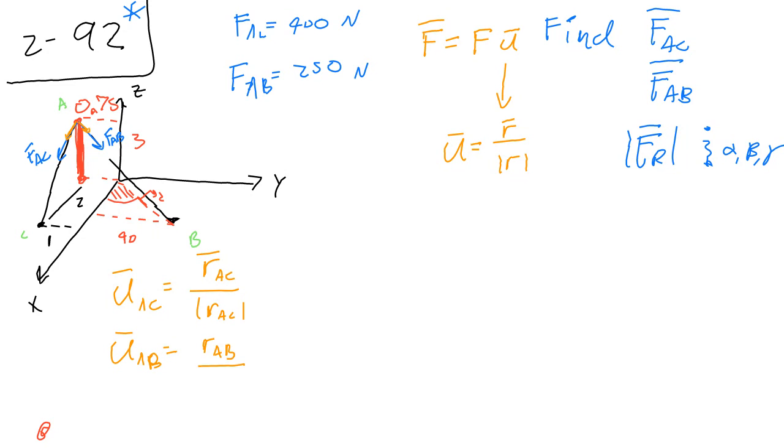Yeah, AB. Good catch. There we go. So we're going to solve for both of these. Once we solve for both of these, we can just multiply them by these forces, and then they give us these vectors. So we could say, okay, force AC is going to be the magnitude AC times UAC. Boom, boom, and AB.